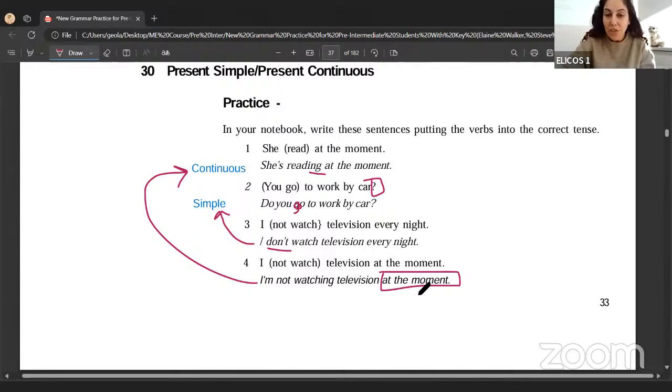So that tells you that this must be in the continuous with the ing and the verb to be because it has the words at the moment or now. But if you look at the simple has words more like every night, every day, often, sometimes, always. So the simple has different phrases than the continuous. The continuous, if you say at the moment or now, it's more likely to be a continuous.